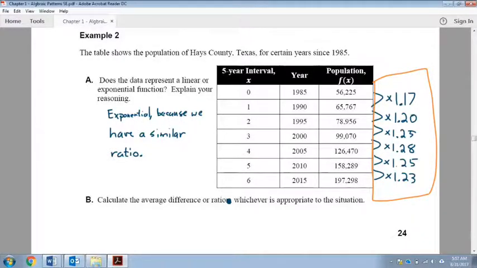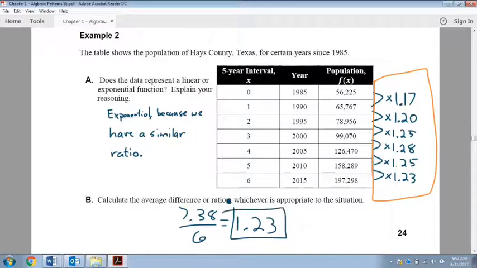You add those all up, not 0.73, so 7.38. We divide that by 6, and you get 1.23. That is your average ratio. I'm going to pause and move to the next page.